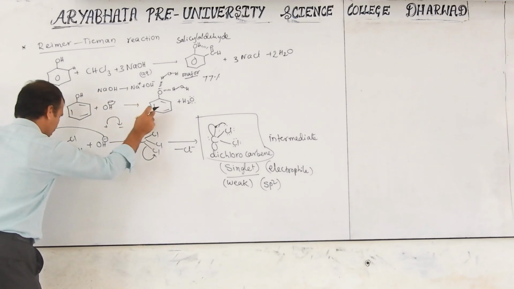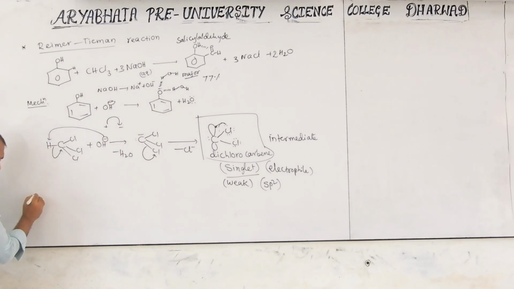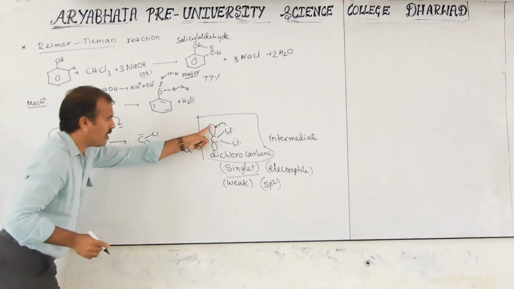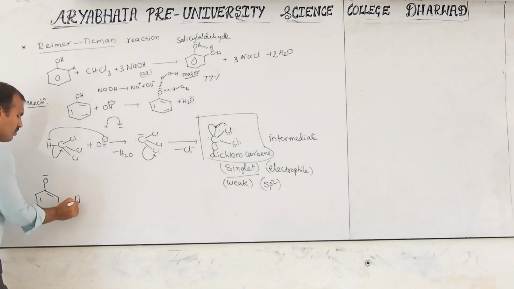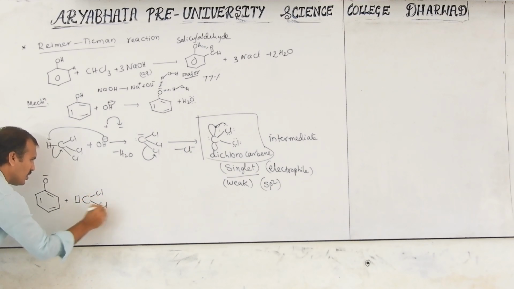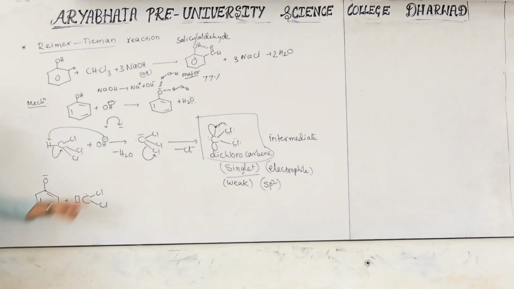Now we know this phenoxide, O minus, and here I am writing the vacant orbital in the form of a box, and here the Cl lone pair. This negative charge will come here.